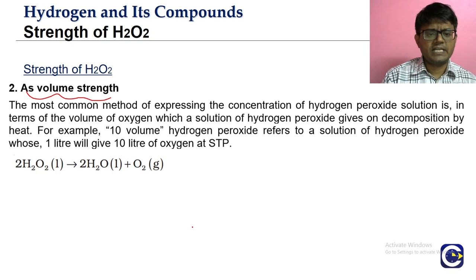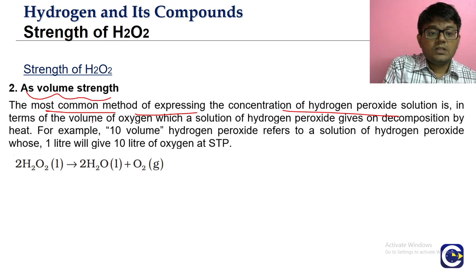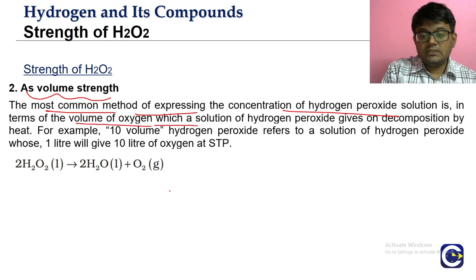What is this volume strength? Volume strength is a more common method of expressing the concentration of hydrogen peroxide. How is this term defined? It is defined using the volume of oxygen which this solution of hydrogen peroxide can give on decomposition.